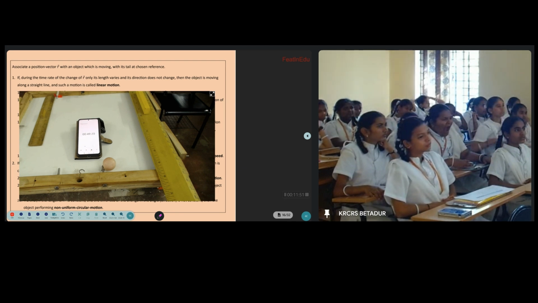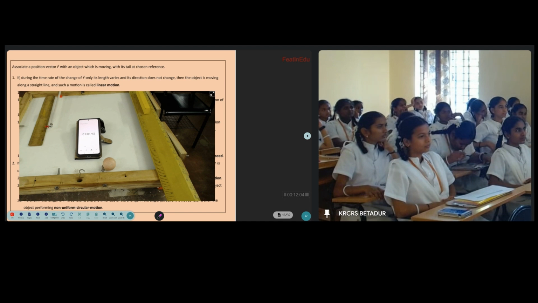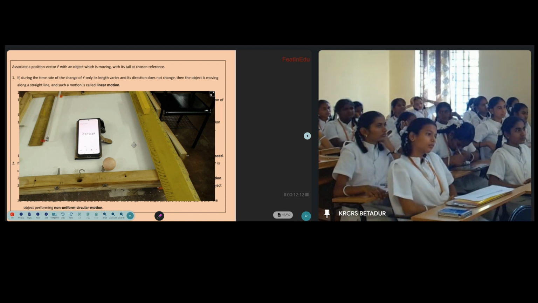Now see, it is here at number 3. Now number 4, 5, 6, 7, 8, 9, 10. That means it is moving away from the reference point. Correct? And the time is also moving. Now, this is the first experiment.